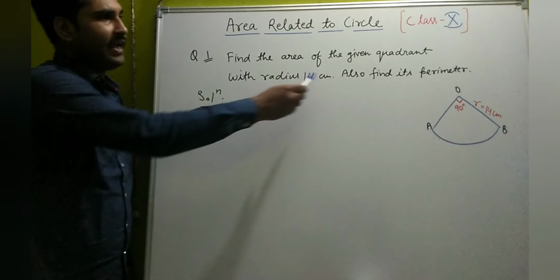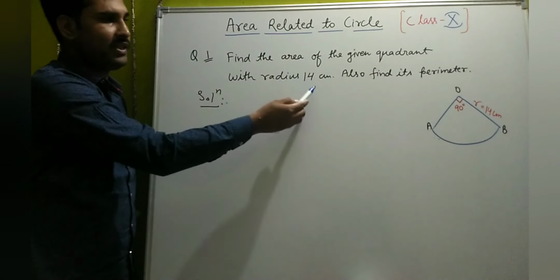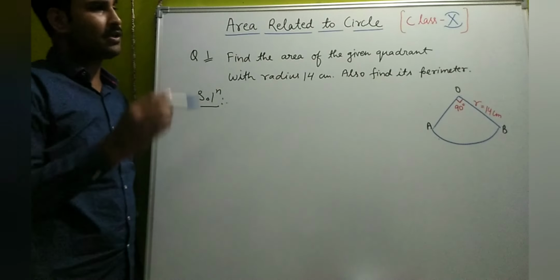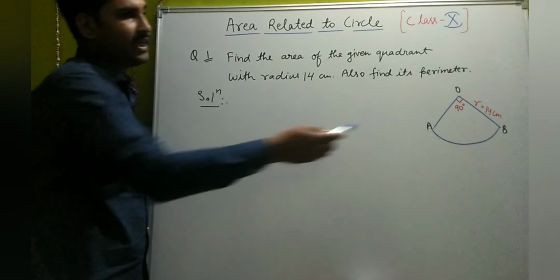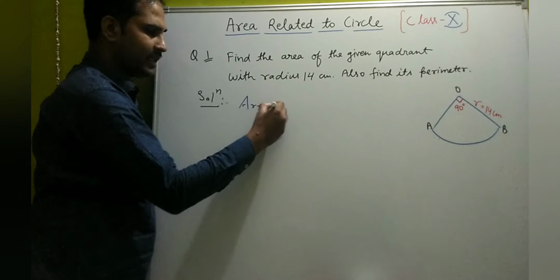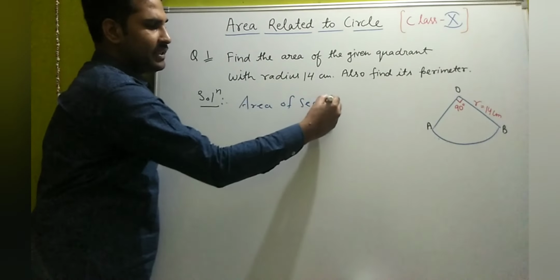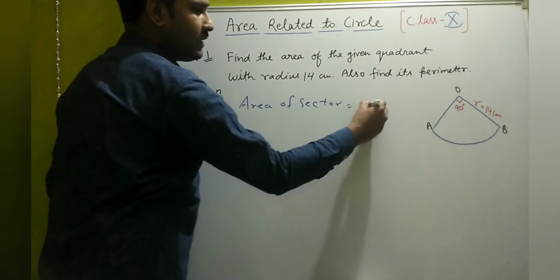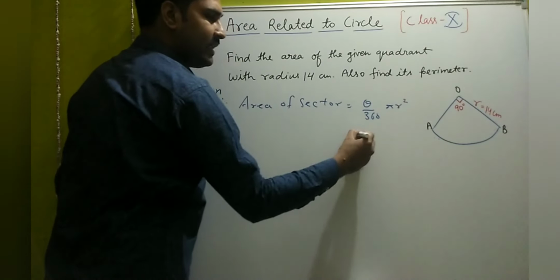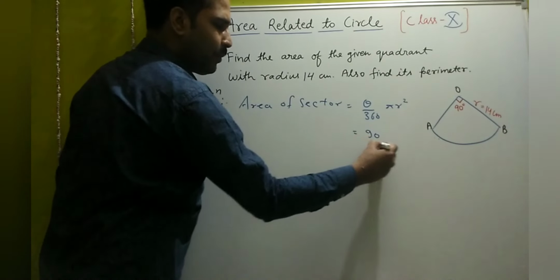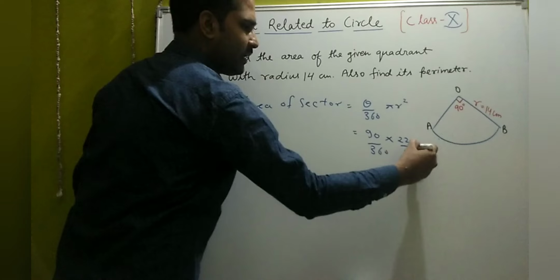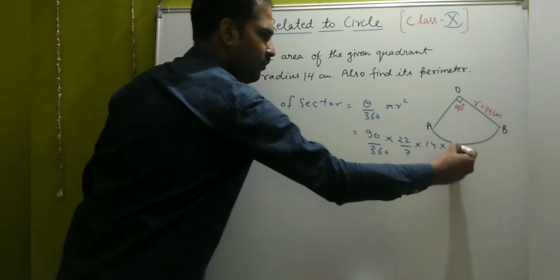We have to find the area of the given quadrant whose radius is 14 cm and also find its perimeter. So basically a quadrant is actually a sector whose central angle is 90 degrees. So using the formula of area of sector, which is theta by 360 pi r square, here theta is 90 degrees, so it is 90 upon 360 into pi, 22 by 7, multiplied by radius square, that is 14 into 14.